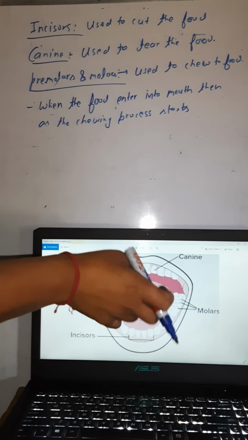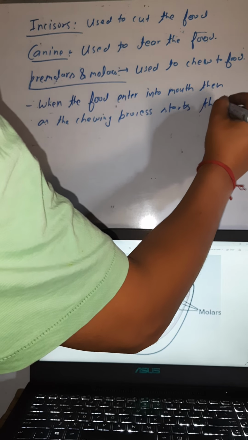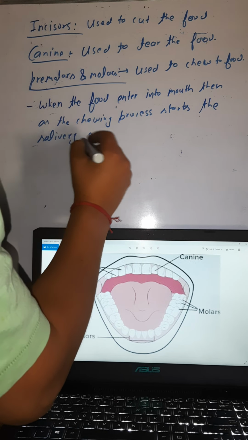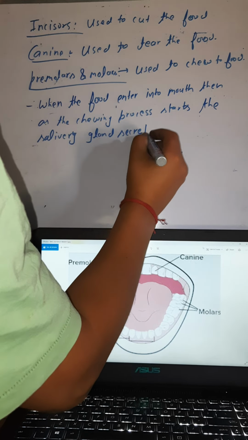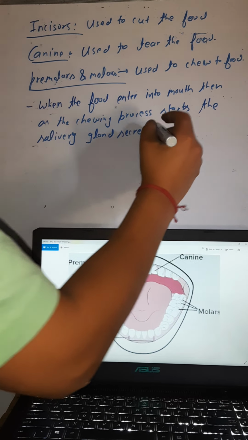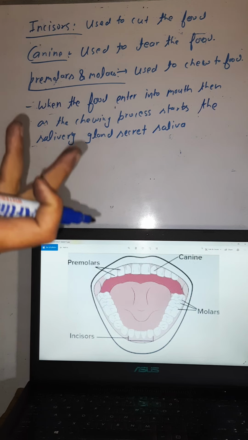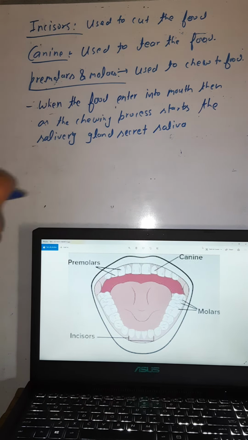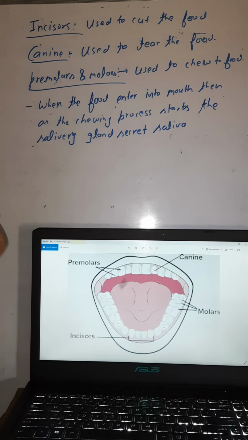During that time, the salivary glands secrete saliva. Saliva is just a juice. It contains enzymes also, and with the help of those enzymes, the starch which is there in the food is digested and converted into sugar.